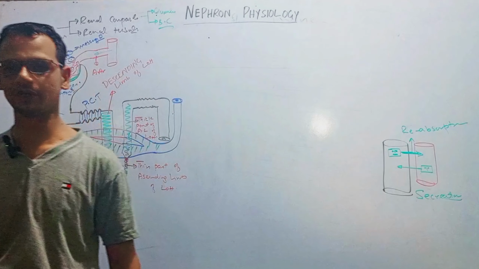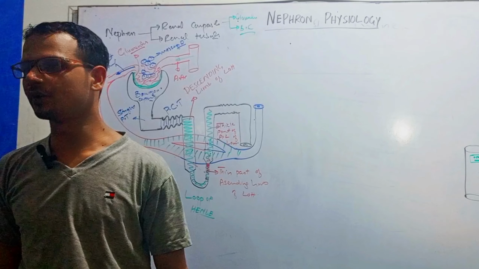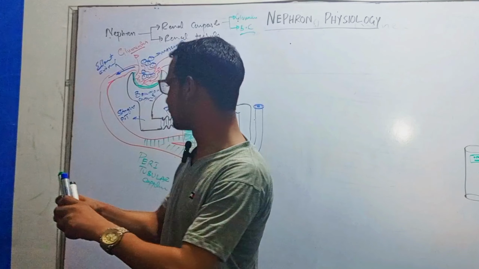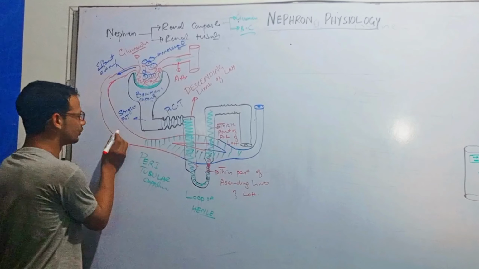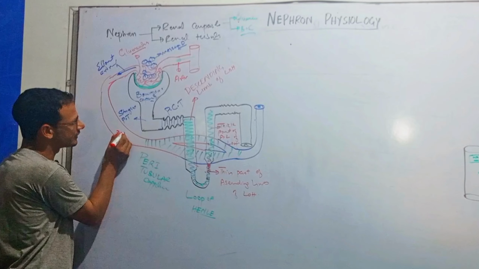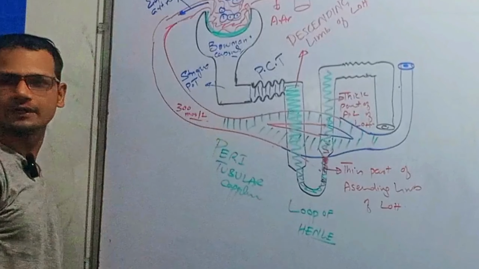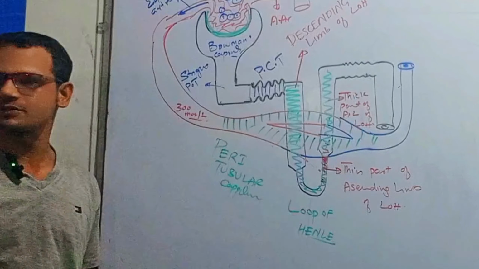What is the osmolality of blood? It is about 300 milliosmoles per liter. Remember it, because we are going to discuss this in urine formation. 300 milliosmoles per liter is the normal osmolality of blood. We will compare the osmolalities between the blood and the nephron.